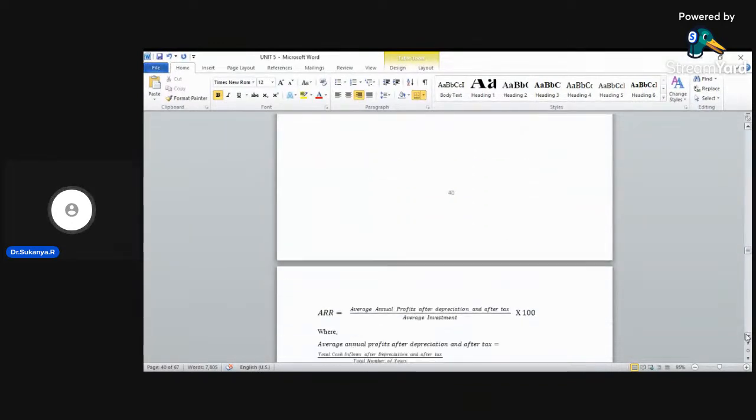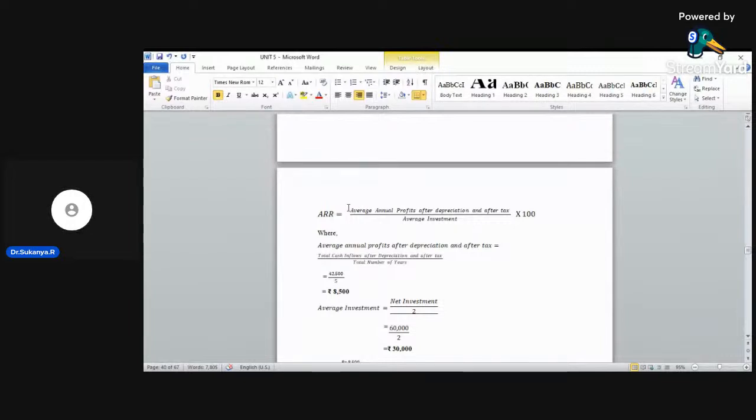So dear students, what you need to do, write the formula. ARR is equal to average annual profits after depreciation and after tax divided by average investment multiplied by 100. Now, what you should do again, in the numerator you have a specific calculation to make. What is that?